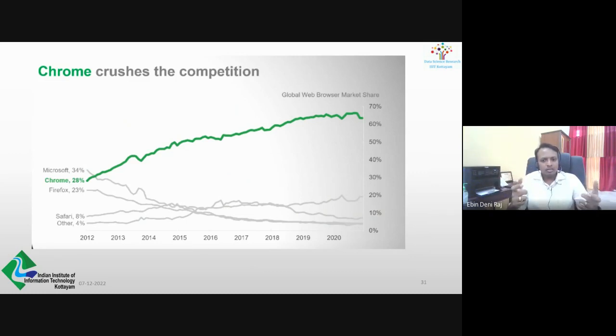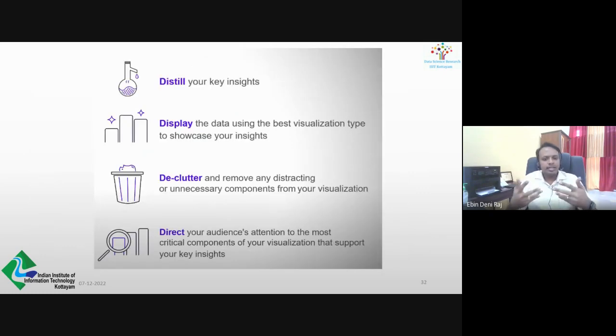So we have a clutter-free gray chart, and we have an ideal blank canvas for storytelling. We could then choose to highlight a different insight, if you want to show the growth of the Safari browser. Like this, you will be able to deal with this kind of data, right?